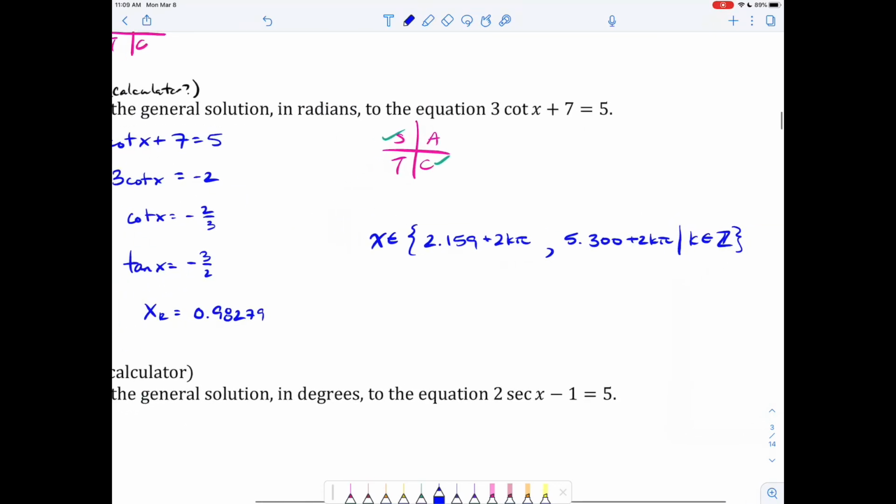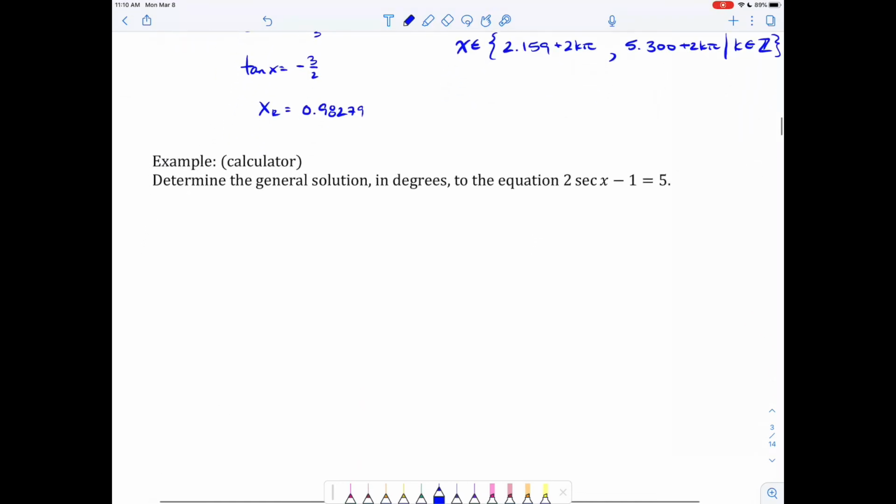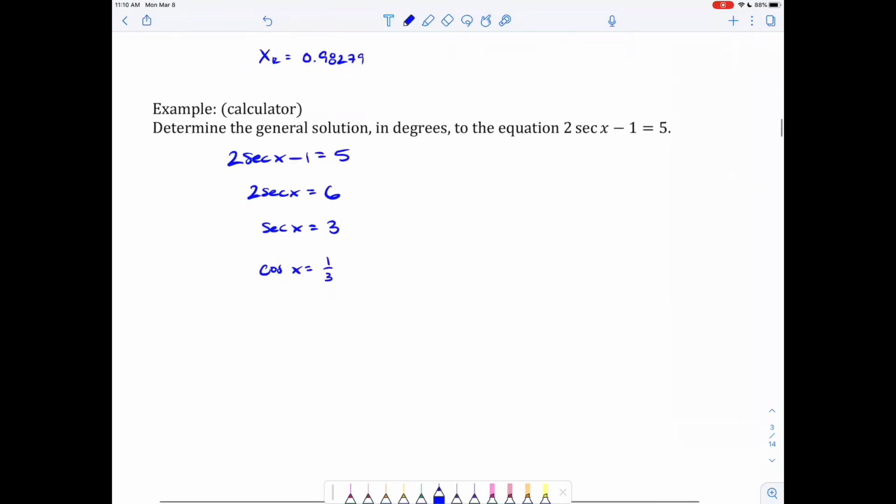How's that? And then this last one. Secant of x is 3, which means that cosine of x is 1/3.